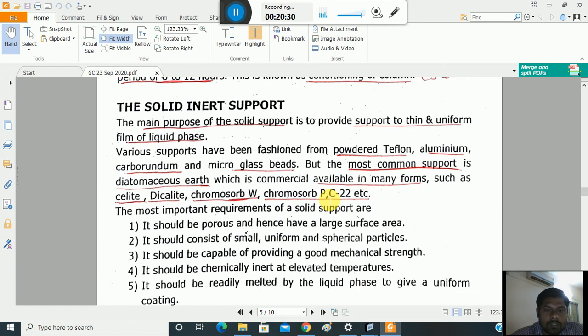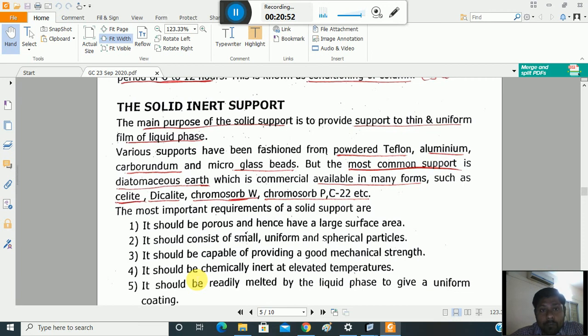The most important requirements of a solid support are: number one, it should be porous and hence have a large surface area. It should consist of small, uniform and spherical particles. It should be capable of providing good mechanical strength also.